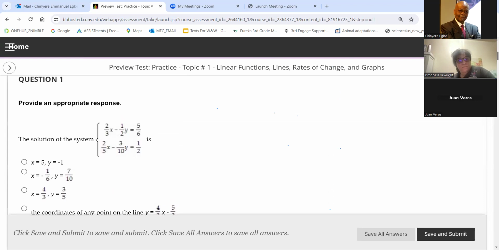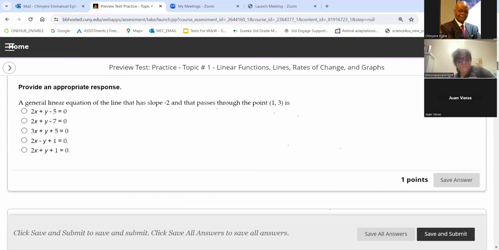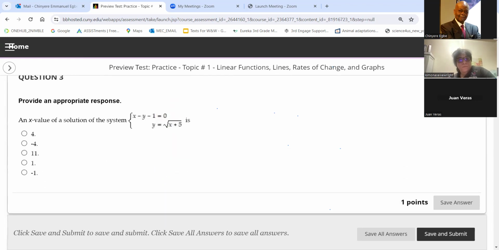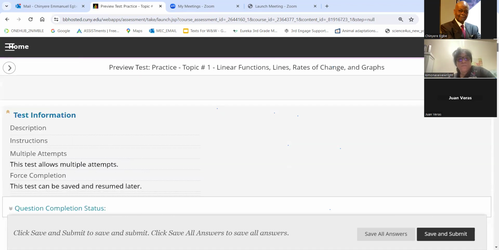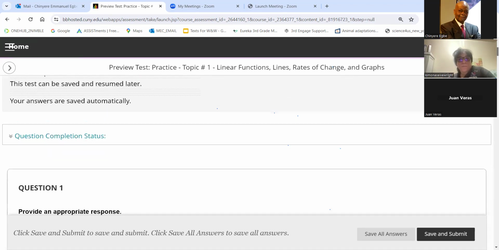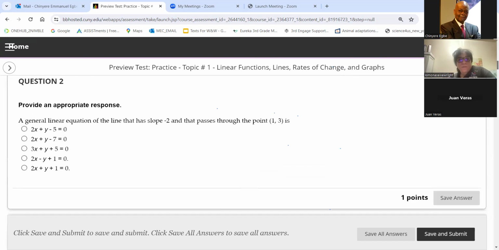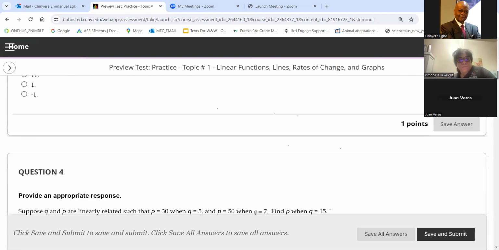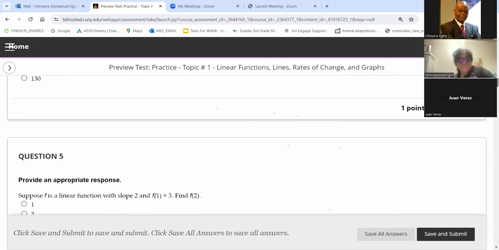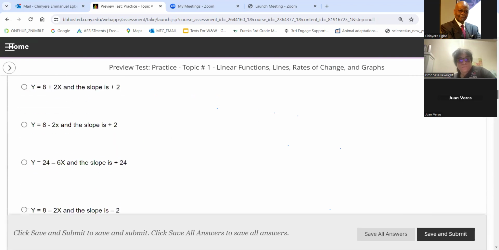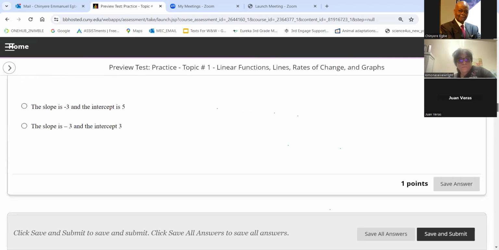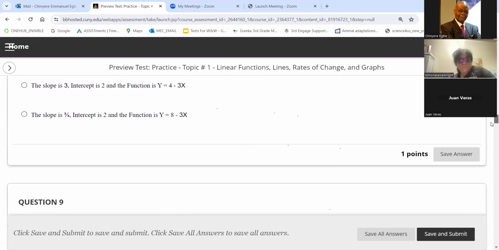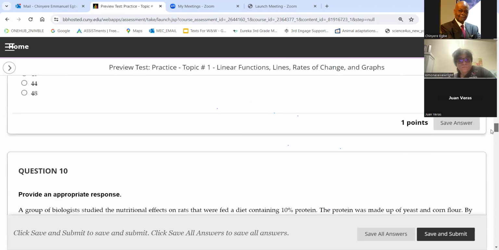Which practice problem do you want? Well, I was doing the optional practice problems, but we can work on one of these. That's fine.